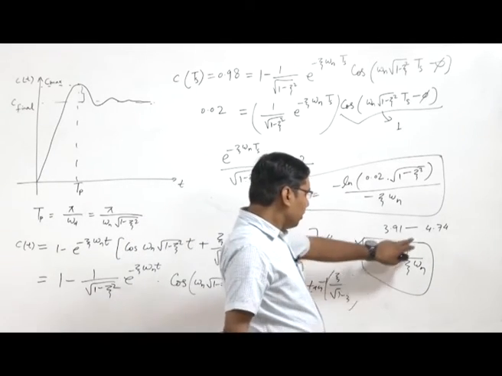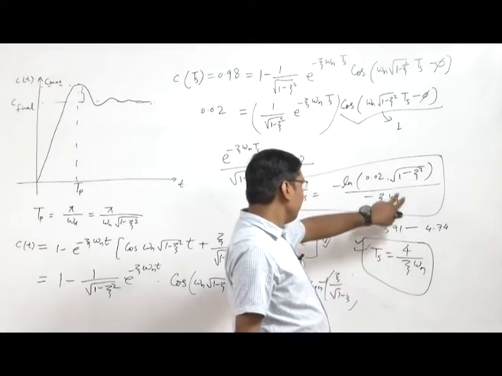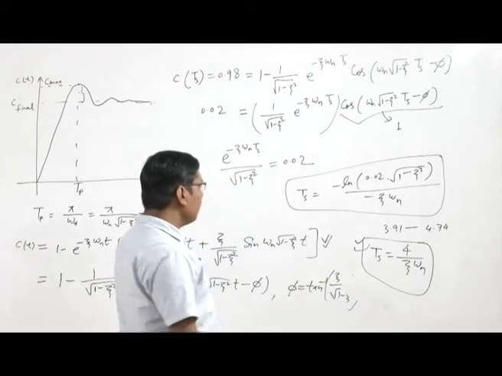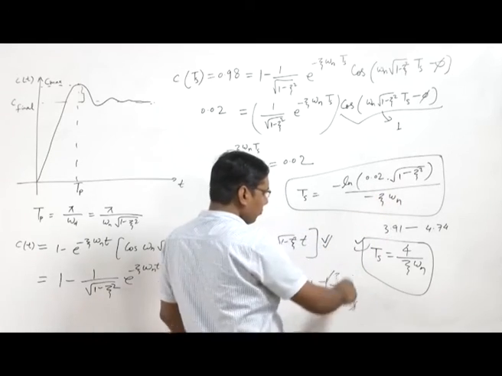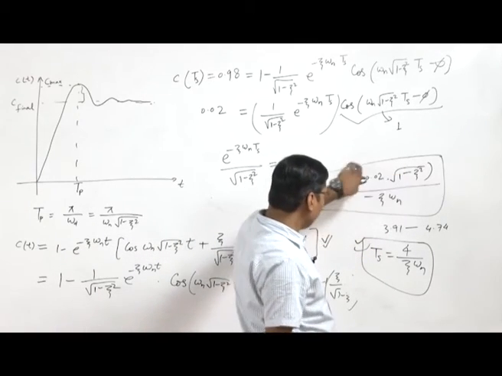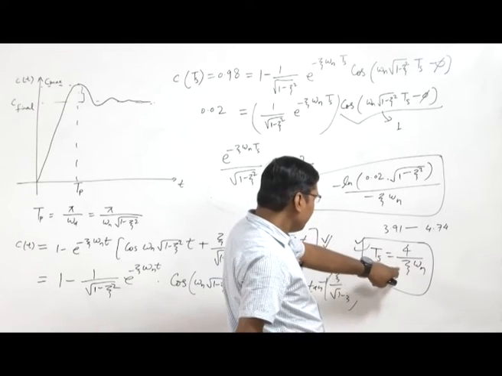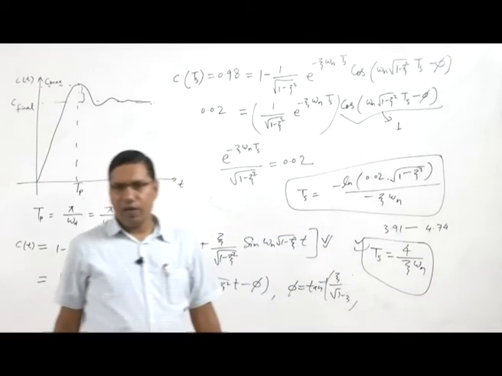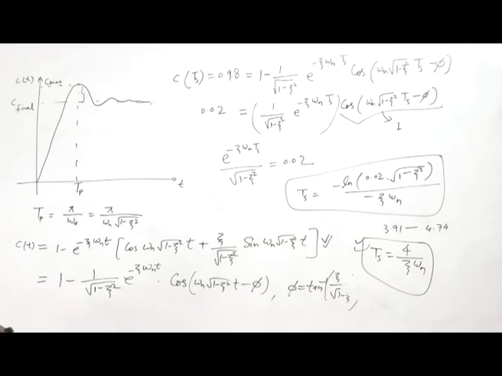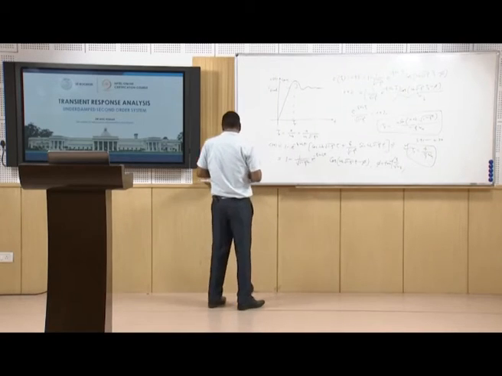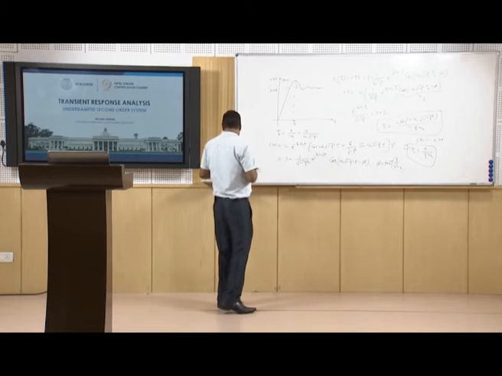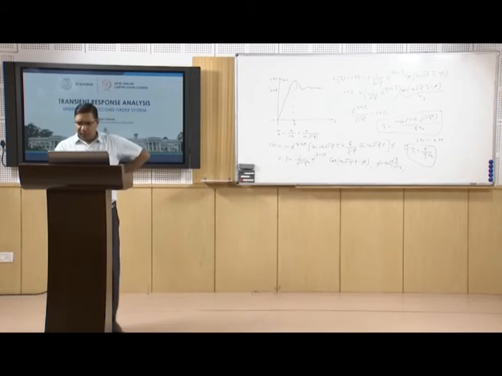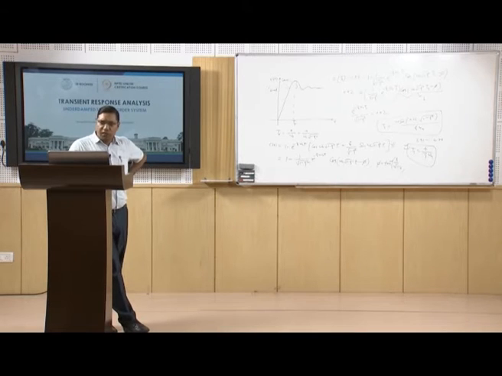We take the approximate value 4 between these values, because this term is very small, so its effect is less. So the settling time is 4 upon zeta omega n, and we find that Ts equals 4 upon zeta omega n.